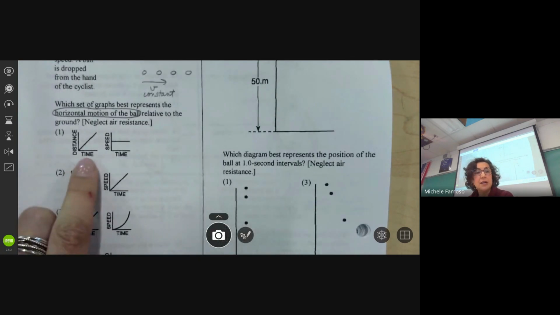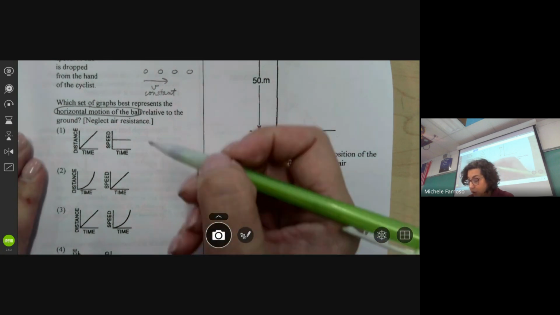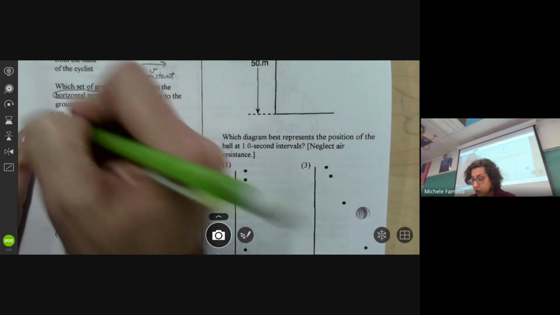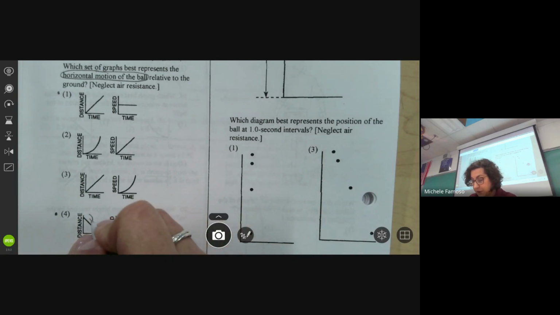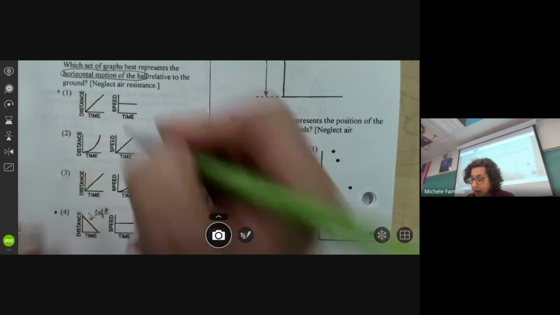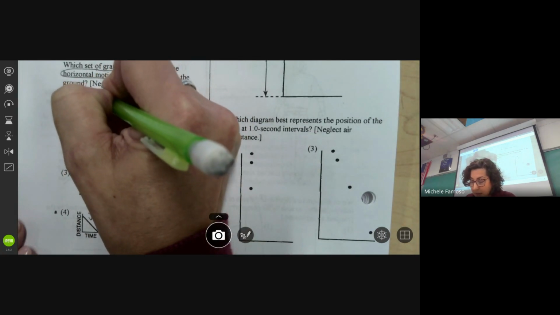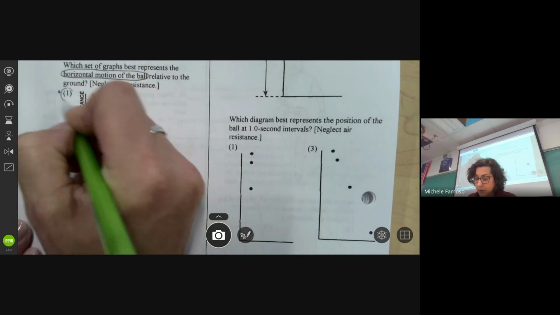Constant velocity on a distance time graph is a diagonal line. On a velocity or speed time graph, it's a horizontal line, which means that's going to narrow it down to choice 1 and choice 4. It cannot be choice 4, though, because there's a negative slope. That would mean it's going left. This positive slope tells us it is moving right, so it's got to be choice 1.